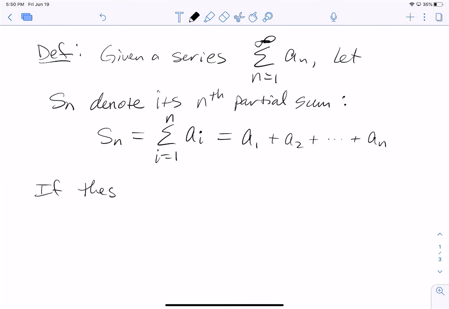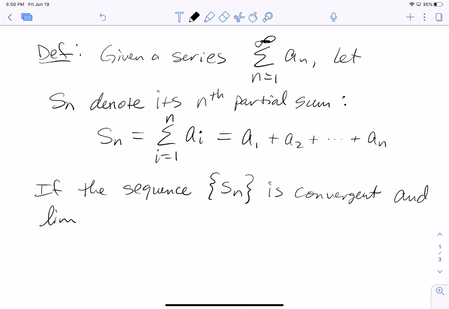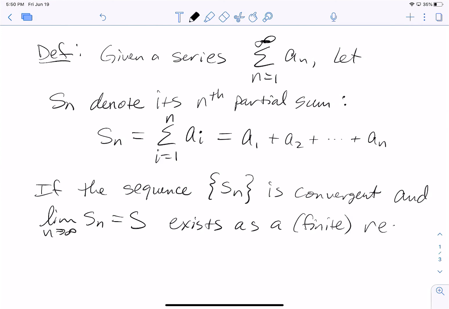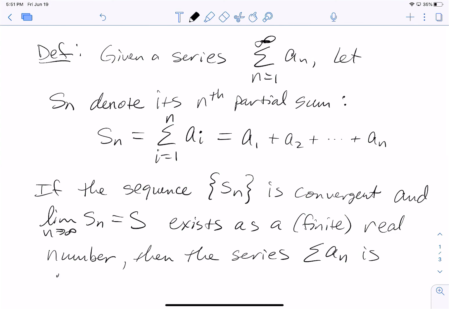If the sequence of partial sums, that is the sequence of s sub n, is convergent, I'm going to redraw these curly braces. I can do a better job there. Anyway, if the sequence is convergent, and if the limit as n approaches infinity of s sub n is equal to S, and if that exists as a real number, and I put in parentheses as a finite real number, then the series sigma a sub n is convergent.